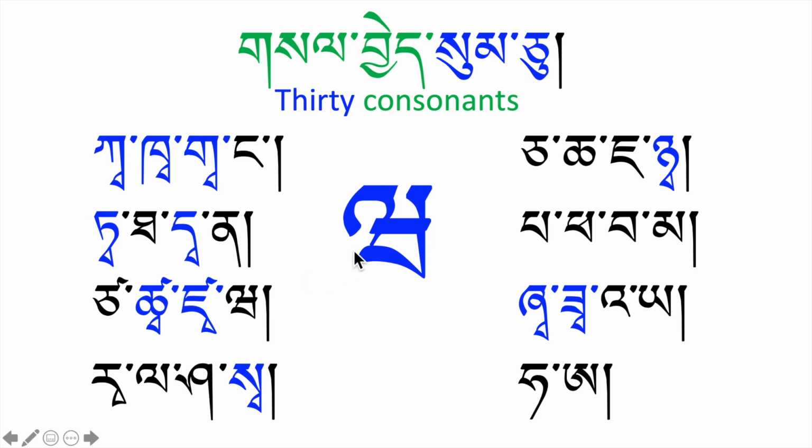For example, ka: if you don't put this Wassur with ka, the meaning is mouth, which we learned in the previous video. If you put Wassur, the meaning refers to a crow, the bird. Like this one, without the Wassur, ca means hot.